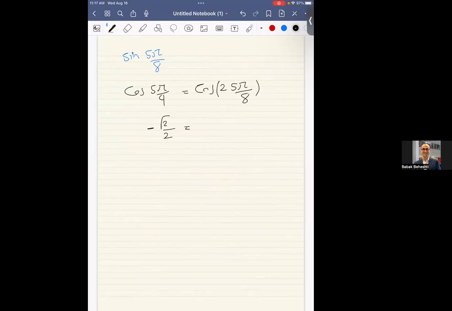And this is equal to, but we also know that cosine of 2 theta is equal to 2 times cos square theta minus 1. So we know this equation. So that means cosine of 2 times 5 pi over 8 is 2 times cos square of 5 pi over 8 minus 1.